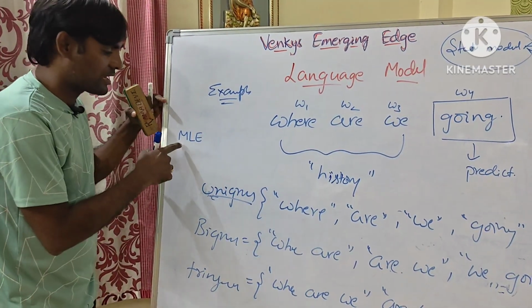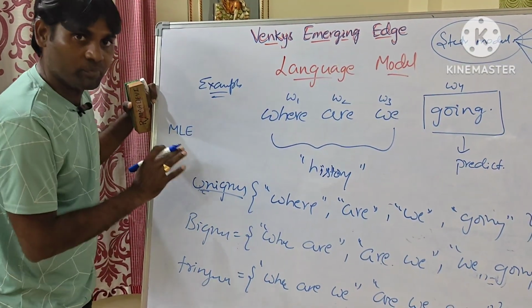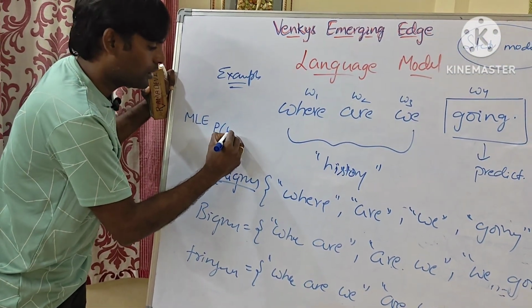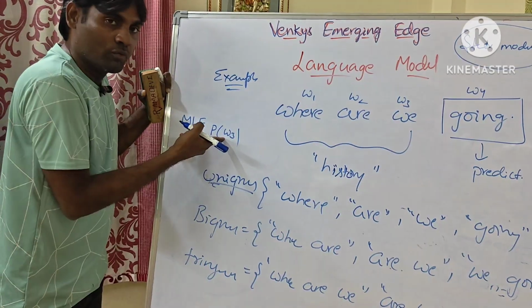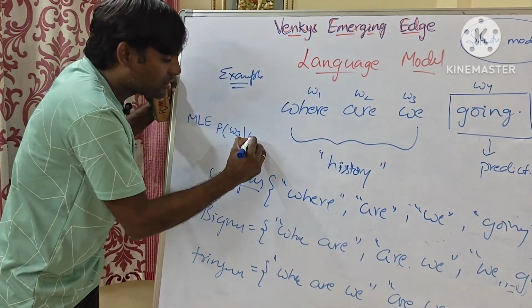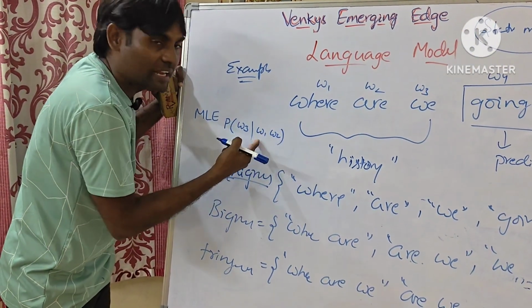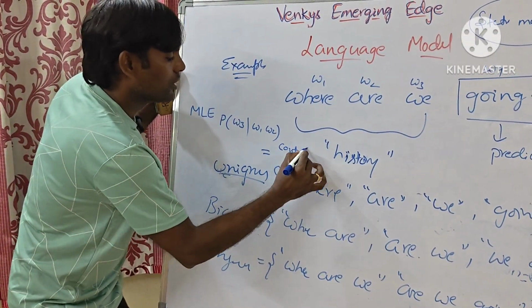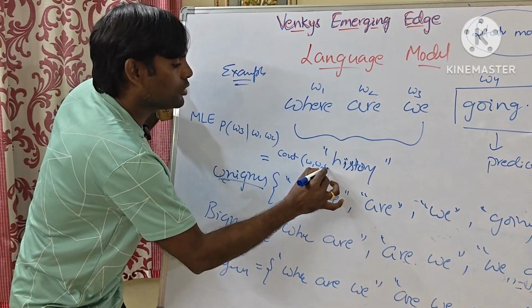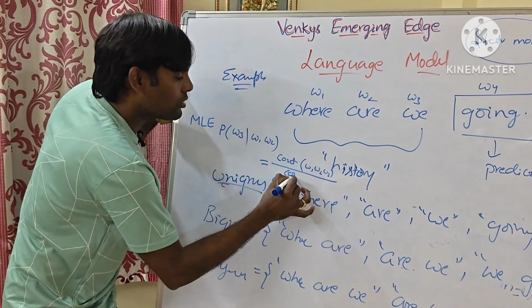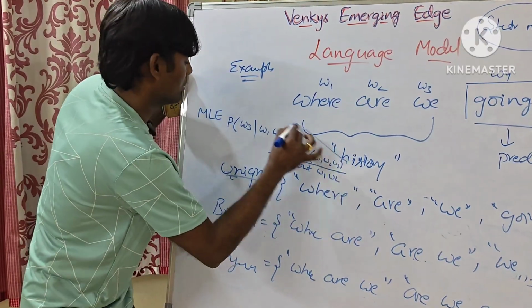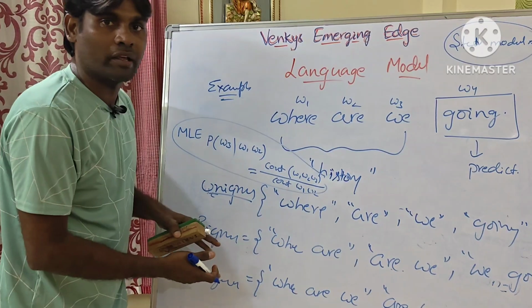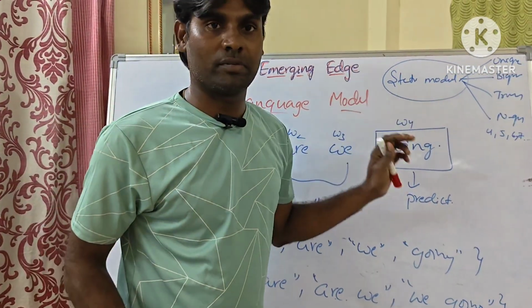For example, the MLE formula for bigram: the probability of W3 to predict W3 based on the history W1, W2 equals the count of W1, W2, W3 divided by the count of W1, W2. Like that we can find unigram, bigram, trigram. These are the statistical model types. Okay, thank you.